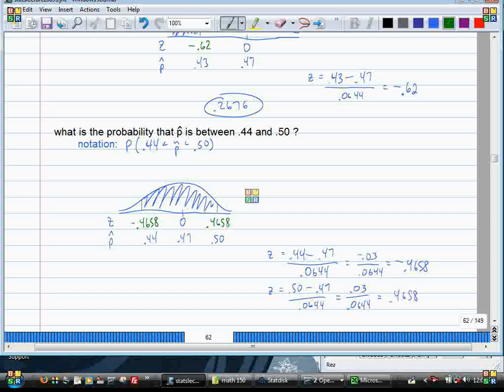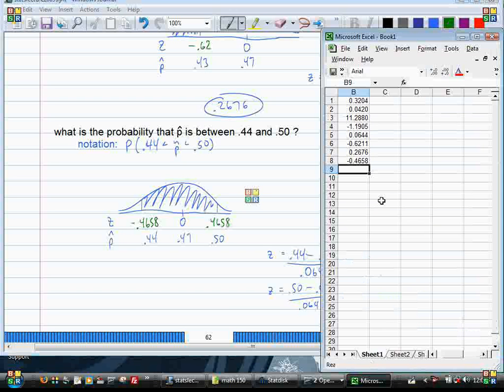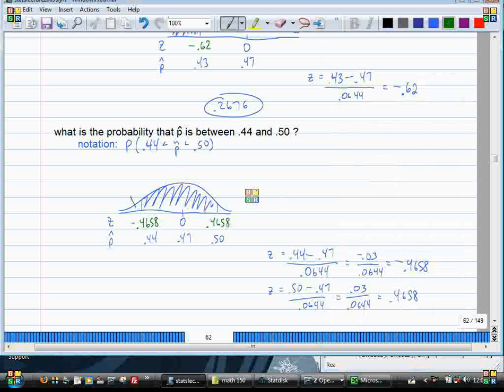So now what do we need to do? Okay, so let's do it. Equals, and that gives 0.3207. So over here is 0.3207.